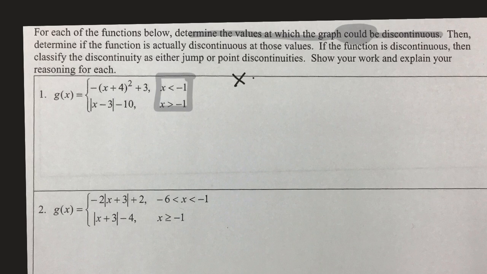Okay, so we need to figure out what is happening at -1. So as x approaches -1 from the left, which of our two graphs, the top one or the bottom one, is on the left side of -1? So we're going to plug -1 into this equation, and we're going to evaluate it and see what that y value is going to be.